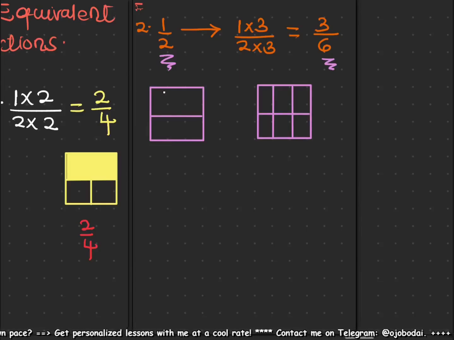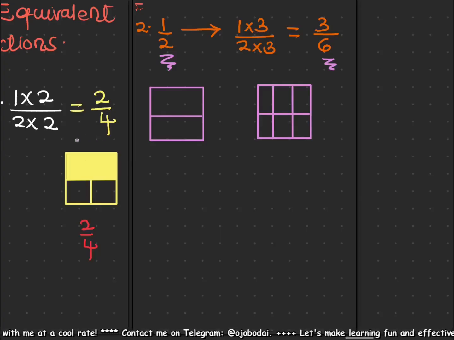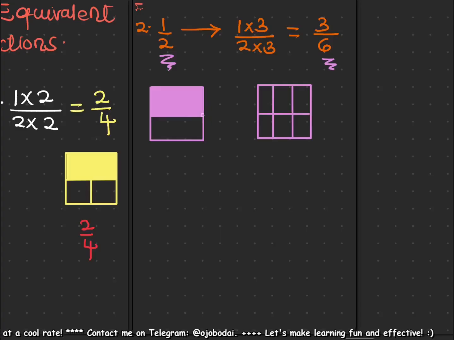As you can see with these over here, we have divided the very first one into what? 2 equal portions. And for the second one, we have divided it into how many portions? 1, 2, 3, 4, 5, 6 portions. For the first one, we are going to take just a portion of it. We have taken 1 out of the 2.